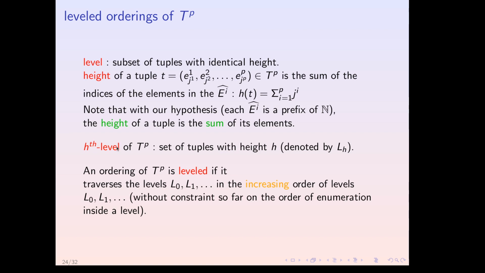So the height level h of TP will be the set of tuples with height h, and we denote this level by Lh. So an ordering of TP is leveled if it traverses the levels in increasing order. So first L0, then L1, and so on, without constraint so far on the order of enumeration inside the level.